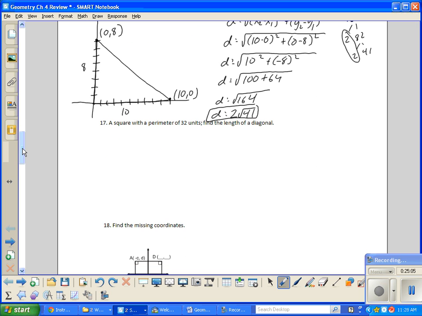Alright, 17 says a square with a perimeter of 32 units. Find the length of a diagonal. So if the perimeter is 32, each side is going to be 1/4 of that. So 32 divided by 4 is going to give us 8 for each side of that square.